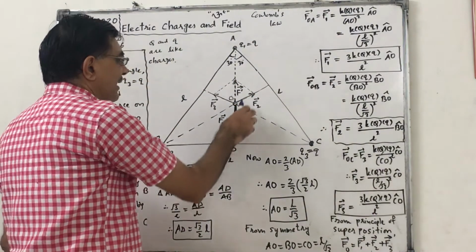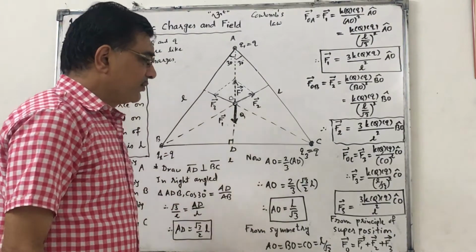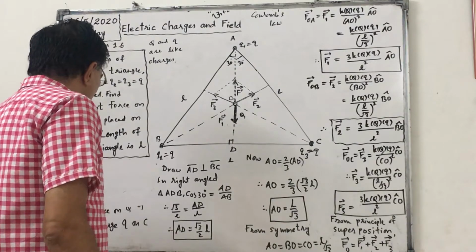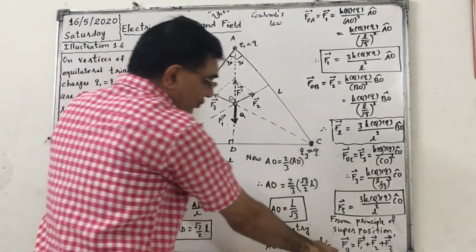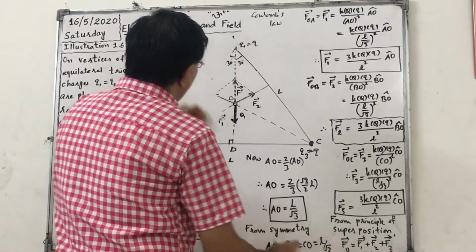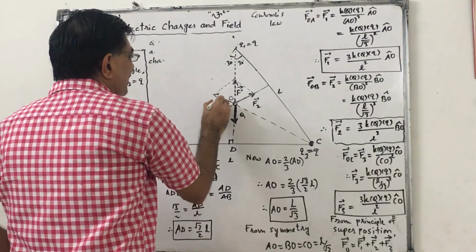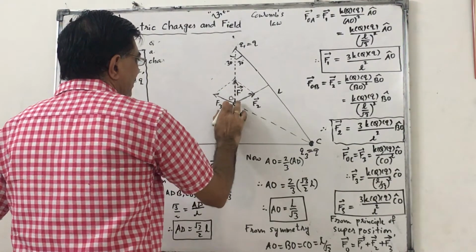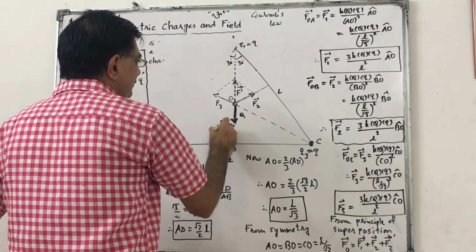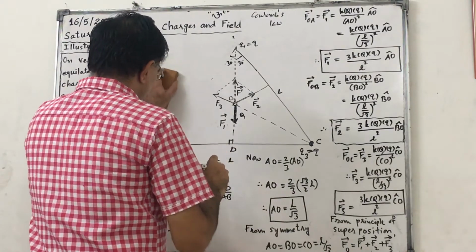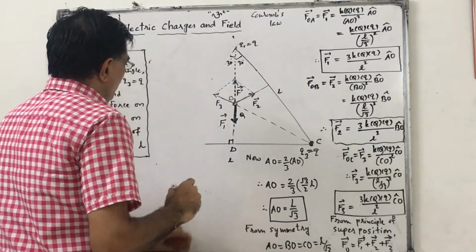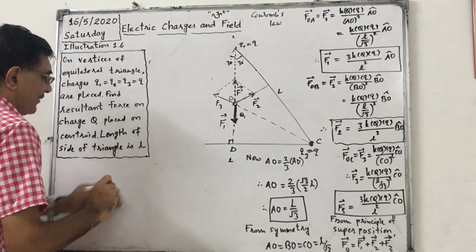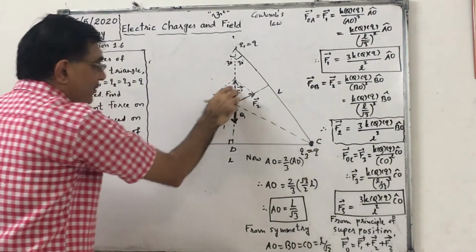Now we have to add these three. According to the principle of superposition, the resultant force F on O equals F1 plus F2 plus F3. Now first let us add F2 and F3 according to the parallelogram method.